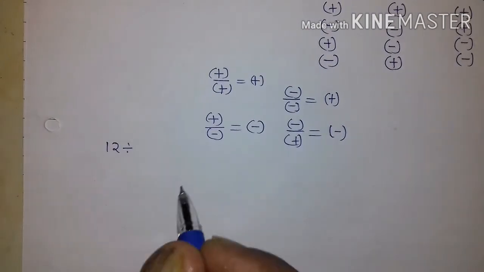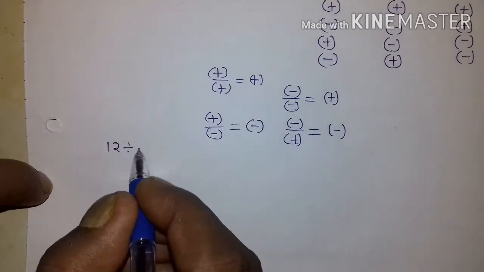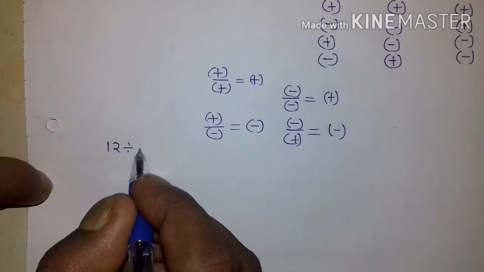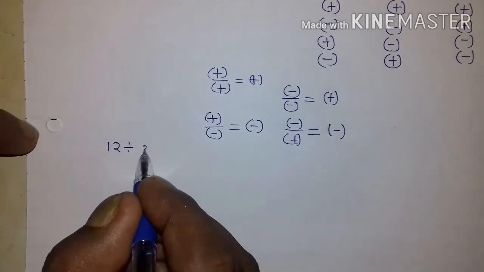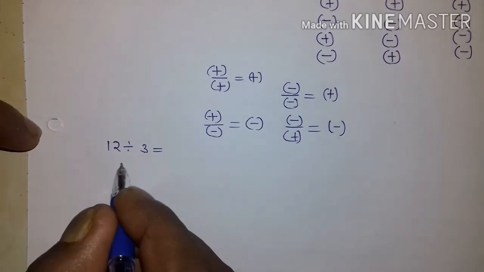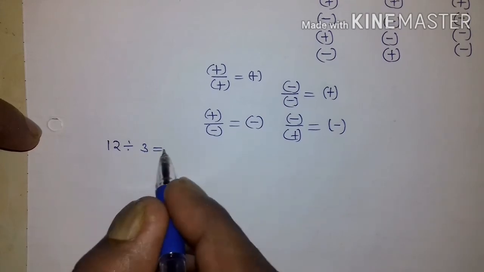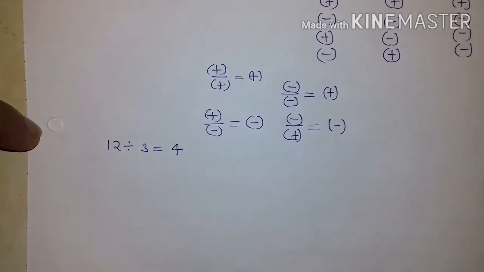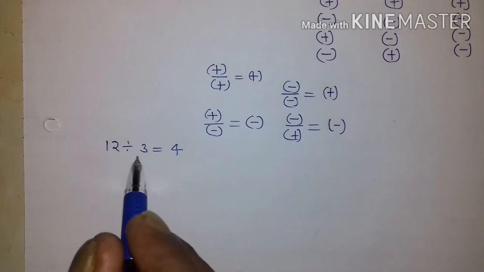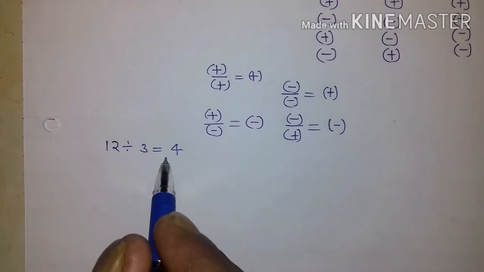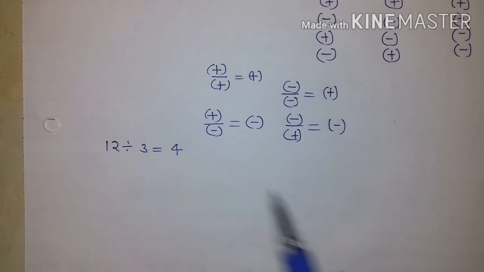Now we take examples. If we take 12 divided by 3, what is the result? 3 times 4 is 12. Both are positive, hence the quotient is also positive.